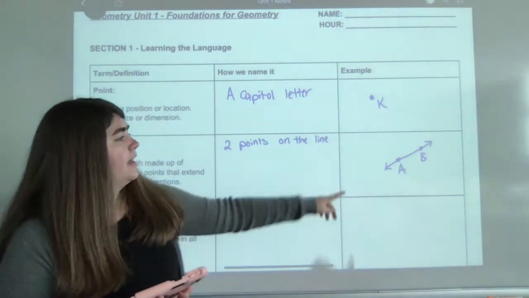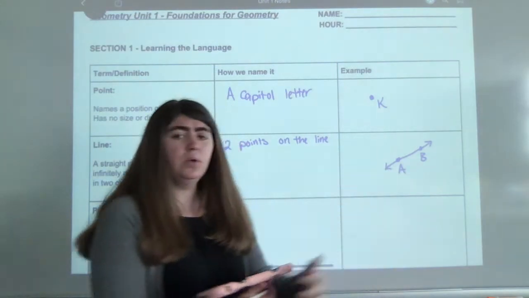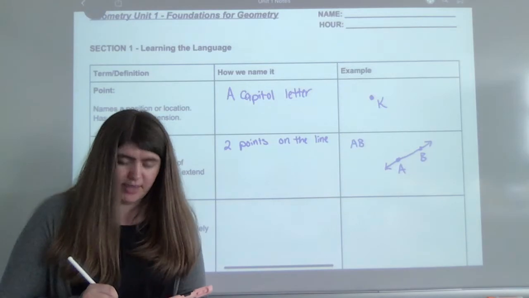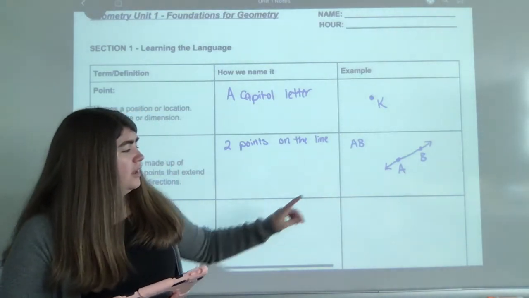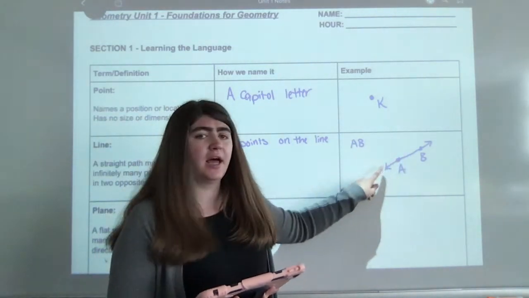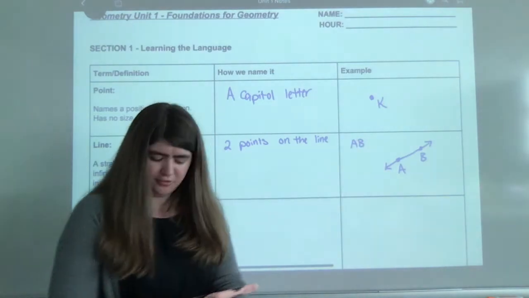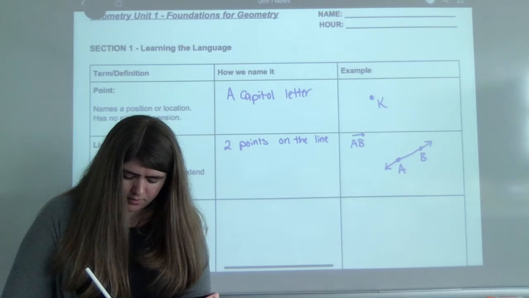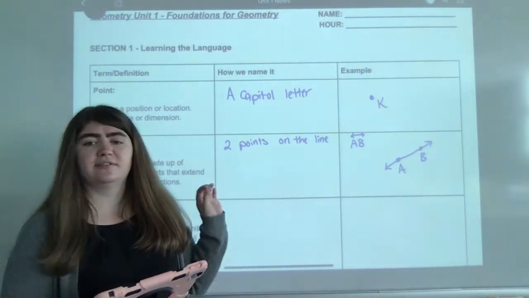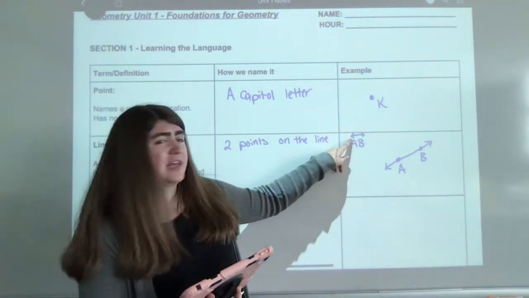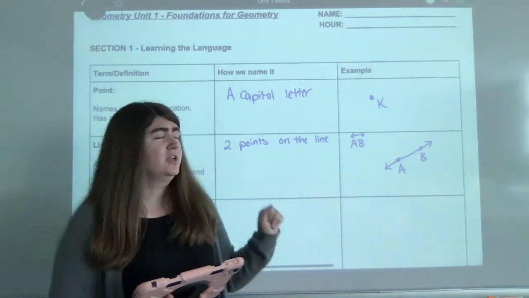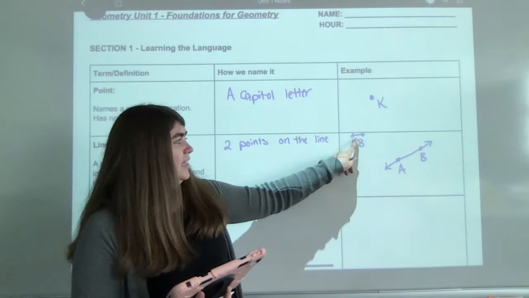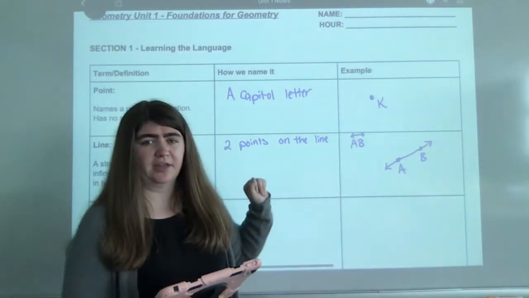In the example I have drawn here, we would write that as A, B, right next to each other, and then you draw a representation of the line above the two letters. So I have a bar with an arrow on either end. And it is very important that you get the arrows on that bar. If you don't have the arrows on the bar, then you're actually calling it something else. So make sure that if it's a line, you have the two arrows on both ends.